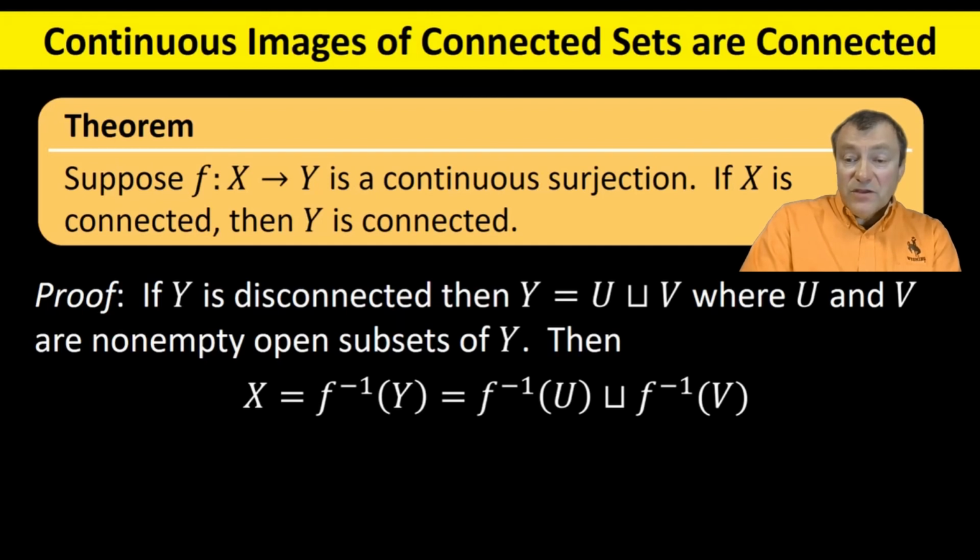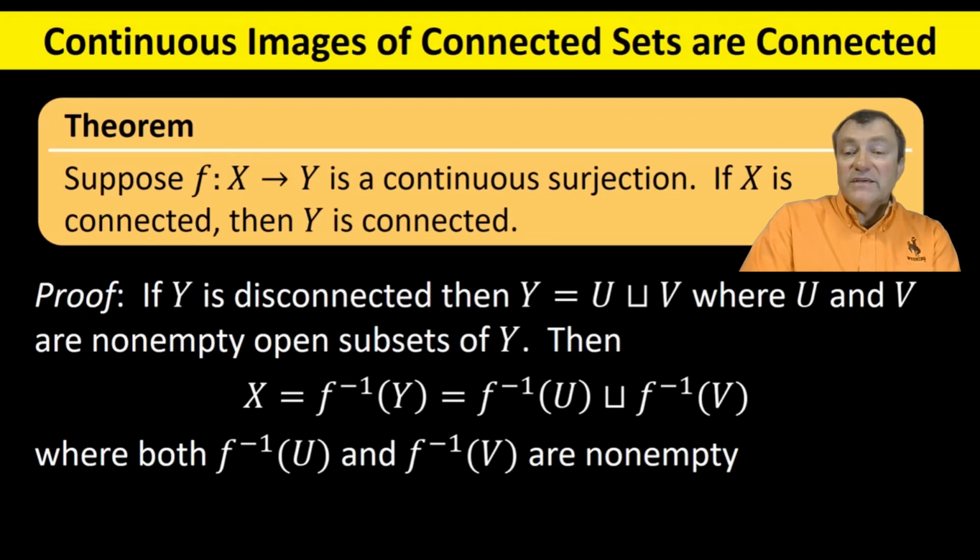Since X is the preimage of Y, it is a disjoint union of the preimage of U and the preimage of V. This just says that every point of X maps into either U or V, not both. Since U is non-empty and f is onto, something has to map into U. So the preimage of U is non-empty.